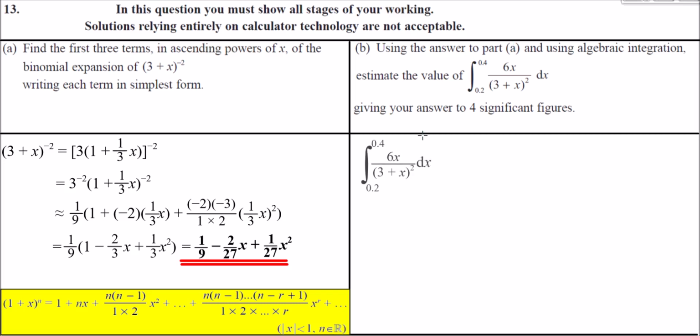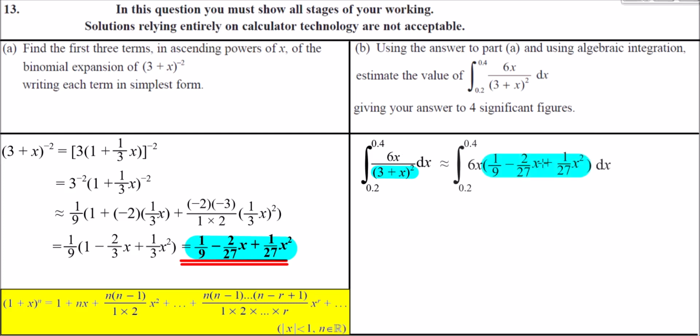So 6x over 3 plus x squared, that's the same as saying 6x multiplied by 3 plus x to the minus 2. So I can rewrite this as 6x multiplied by my answer to part A. Because 3 plus x squared, 1 over that, is the same as this here.